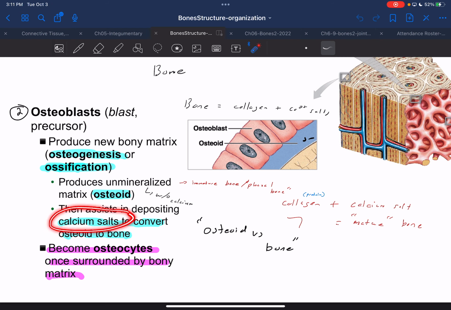Remember that bones store calcium. So when they add calcium to this first unmineralized bone, it becomes mineralized with calcium, and then it becomes what you know as bone. And so osteoid and bone are technically the same thing. Osteoid will turn into bone, but first it needs the calcium to actually deposit and mineralize it.